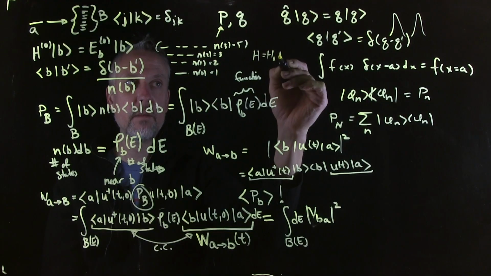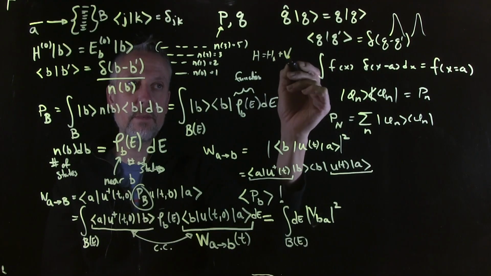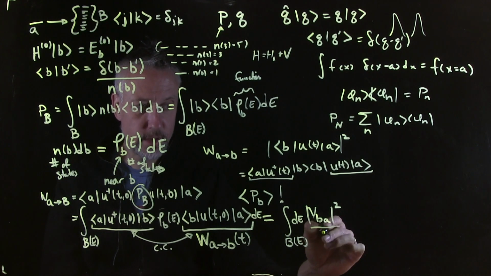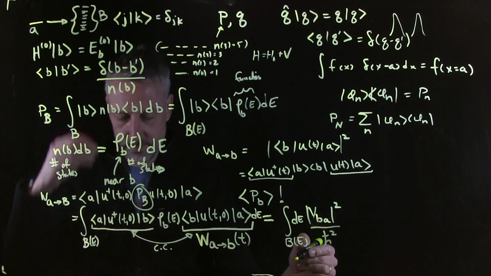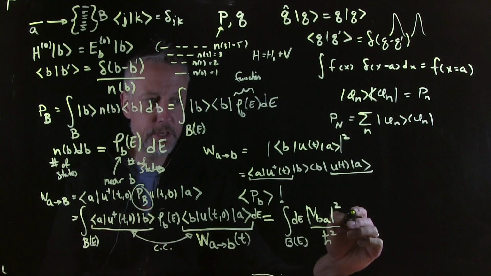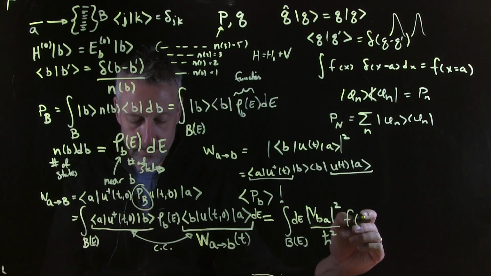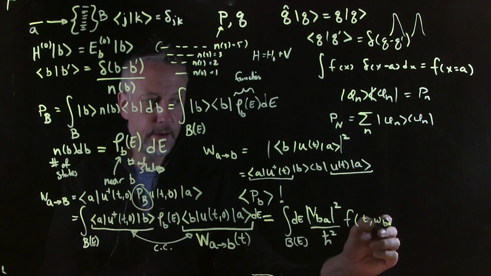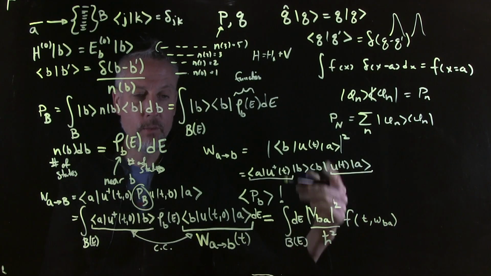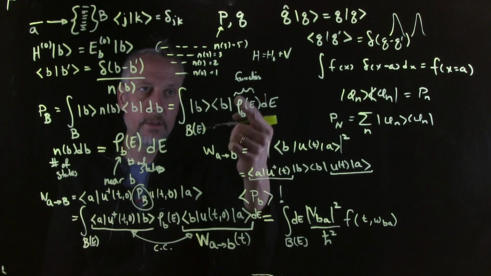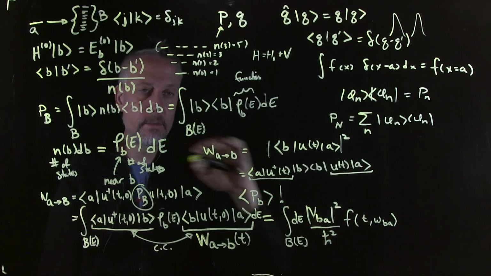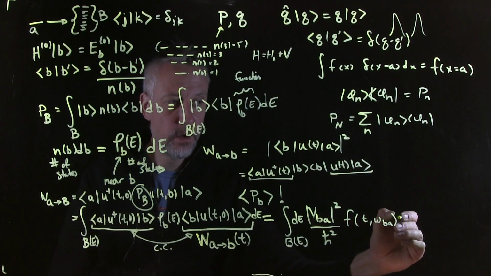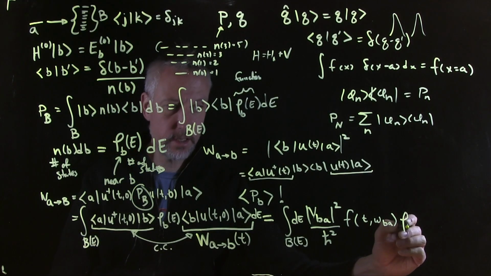It's H naught plus, in this case, V, for example. All right, divided by H bar squared. And then the F function, t omega BA. And then what's the new bit? Is that we're simply integrating this transition probability from one state to another state over the density of states of the final state.